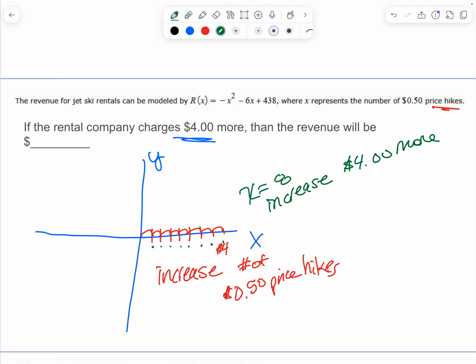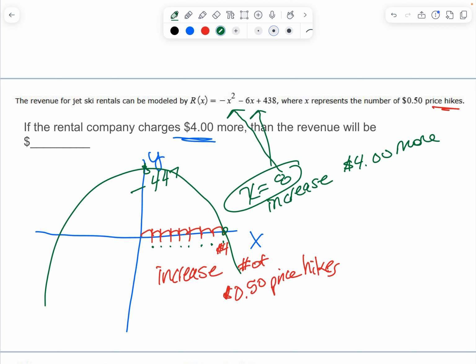Okay, so let's pop 8 into our revenue equation, and that should tell us what the revenue would be. We know it's going to be less than 447, remember? But now they're over here on the parabola, so we're looking to see how much money they're going to make, somewhere here.